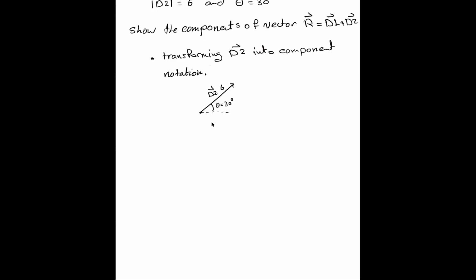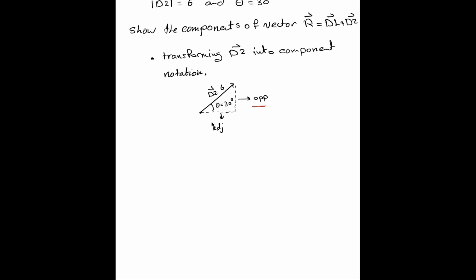And I want to break this vector down to its components. So this is the angle. This is going to be my opposite. And this is going to be my adjacent. And I want to know how long is the opposite and how long is the adjacent. So let's start with the opposite first.